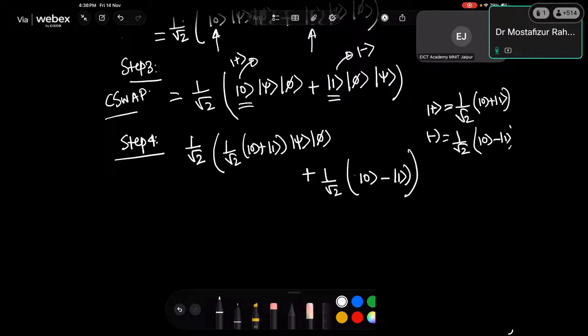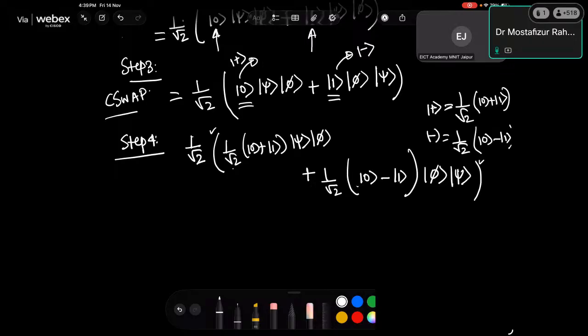This bracket is unnecessary. It will be phi and psi, right? Any question till now? I'm just doing the derivations, right? And now this bracket is for this one, right?